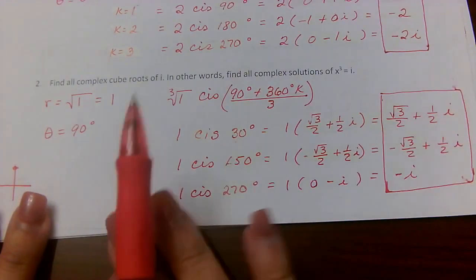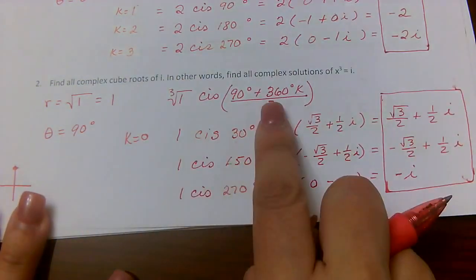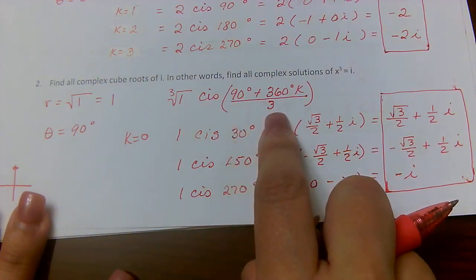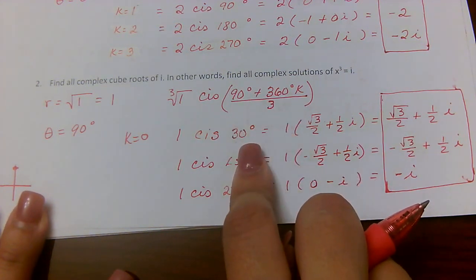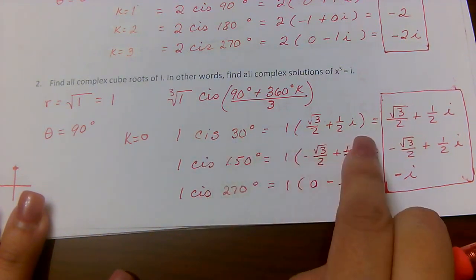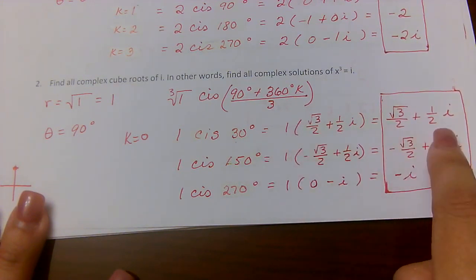Then I'm going to go ahead and let my k equal 0. And then I get 0, and then I get 90 degrees divided by 3, which is 30 degrees. Okay. Evaluate cosine of 30, sine of 30, which I have here and here, and then distribute. And I get this answer. Okay.